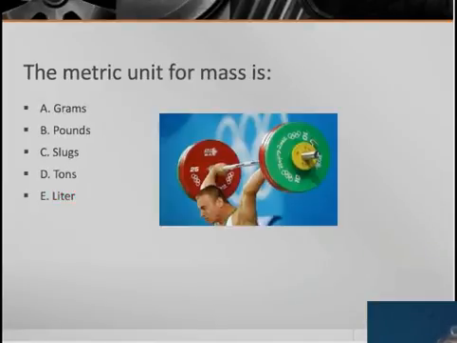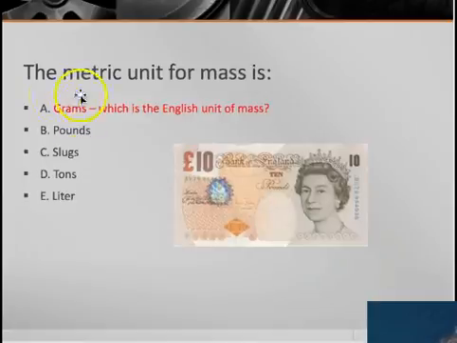The metric unit for mass is, I hope you remember, grams. The English unit of mass, you've probably weighed yourself, and actually weight is different than mass, but in the English system they don't differentiate.